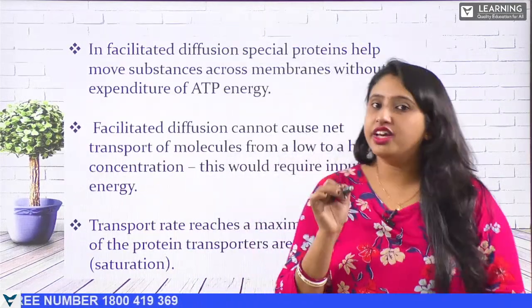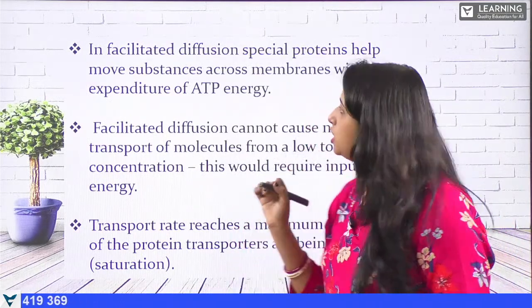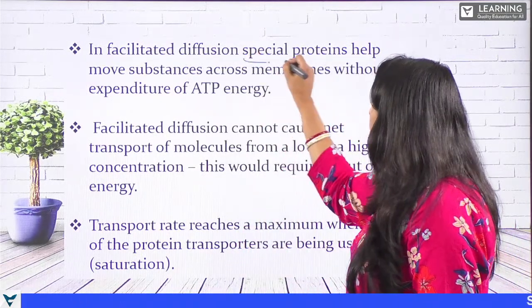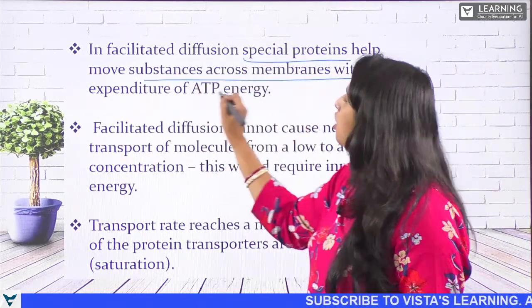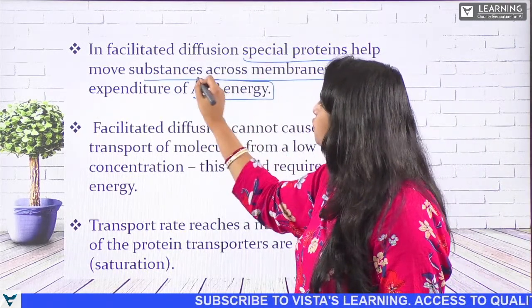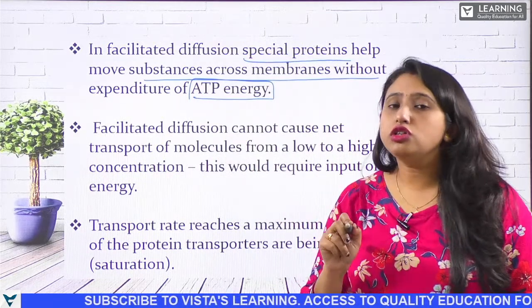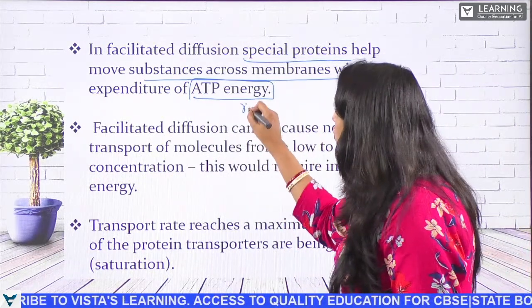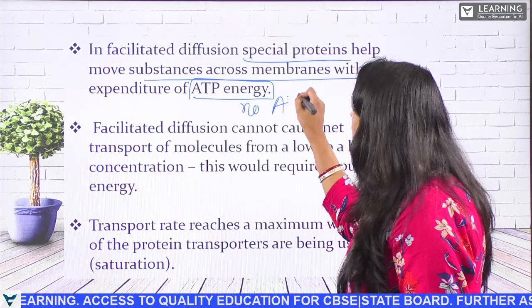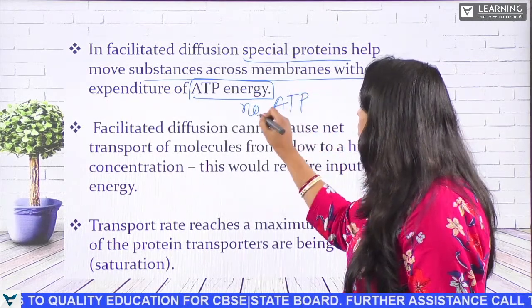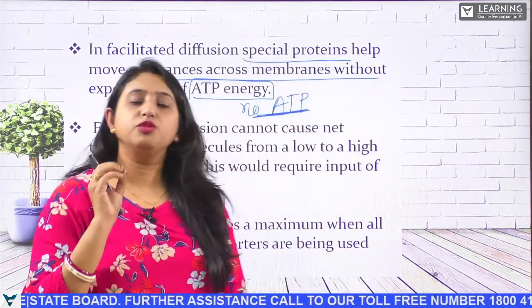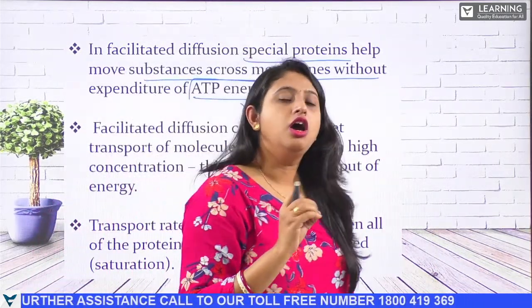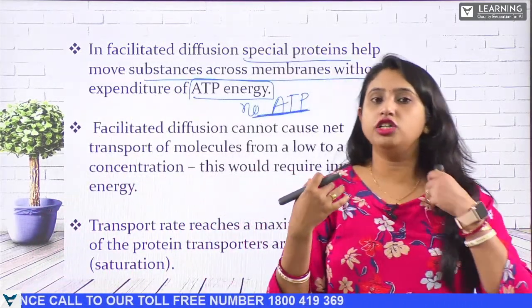Now, in facilitated diffusion, special proteins help to move the substances across the membrane without expenditure of ATP. So this also you should remember, that here no ATP is used. Only the special proteins help in the movement of these molecules.